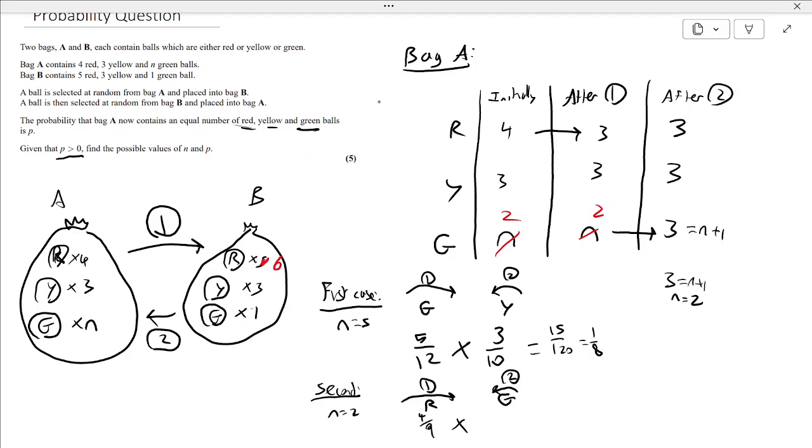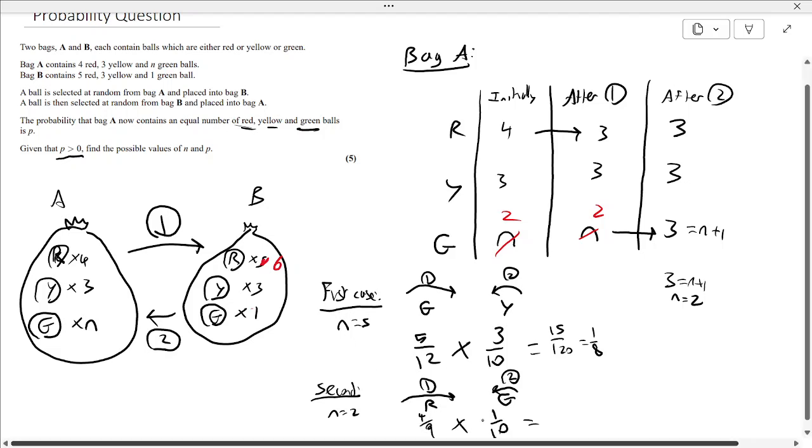So the chance of me now gaining a green ball from bag B into bag A is going to be 1 green out of, again, 10 total. Right there now, 1 green ball out of 10. 4 over 9 times 1 over 10 is 4 over 90, which implies 2 out of 45.